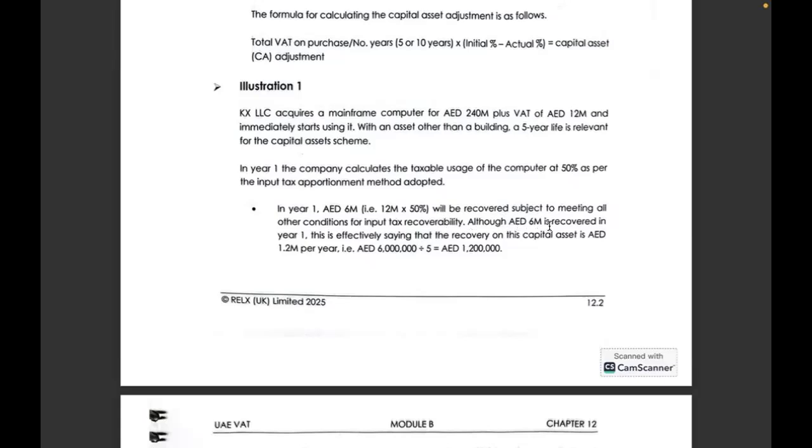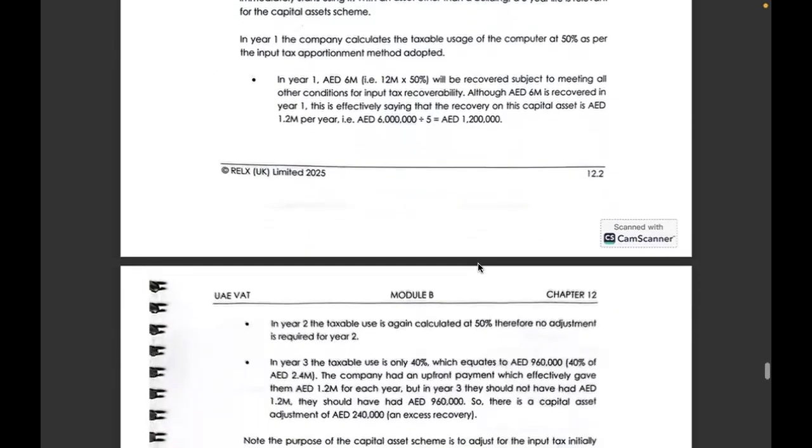Although 6 million is recovered in year one, this is effectively saying that the recovery on this capital asset is AED 1.2 million per year. That is AED 6 million divided by 5, which is 1.2 million. Now, in year two, the taxable use is again calculated at 50%.